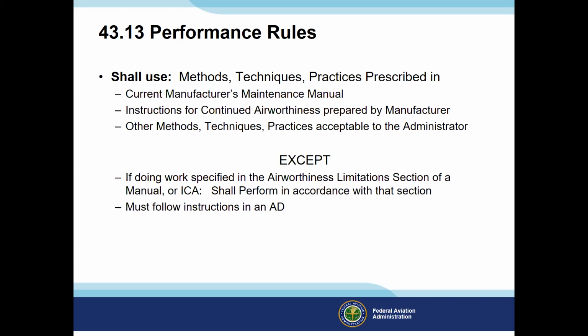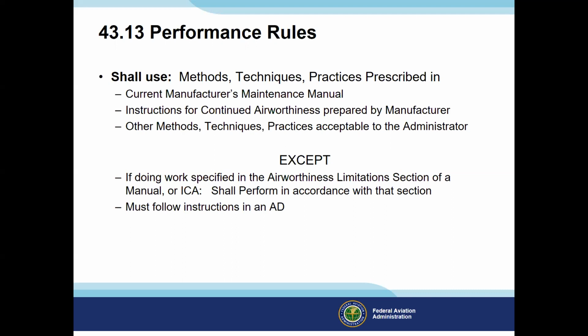Going a little off here, that is a big thing for a lot of 65s. They're doing inspections and they're really not looking at the aircraft records and the ICAs, because it's required for the airworthiness of the aircraft.